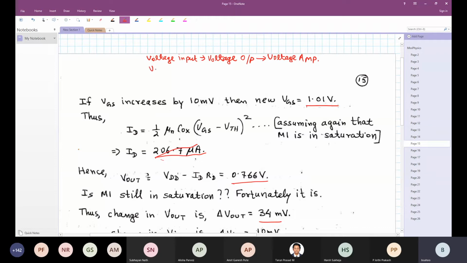Now we can have voltage input. I'll shorten the input as IP, and we can have current output, resulting in a transconductor amplifier.